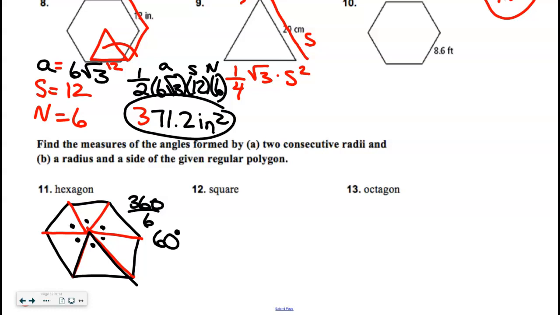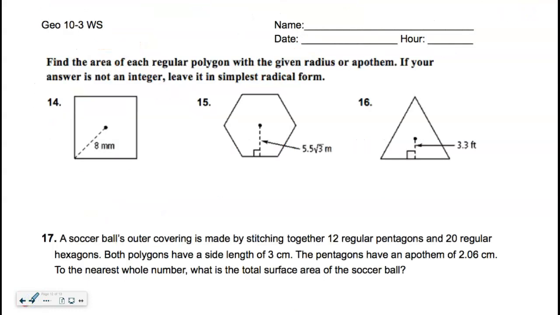All right, let's go to the next page and let's get to a hard one. Let's go do number 15. Okay? For all of these, I want you to see you going A, and I want to see you going S, and I want to see you going N. Some of you might like to have a scratch paper where you actually pull off a big version of the triangle. I'm going to do it over here.